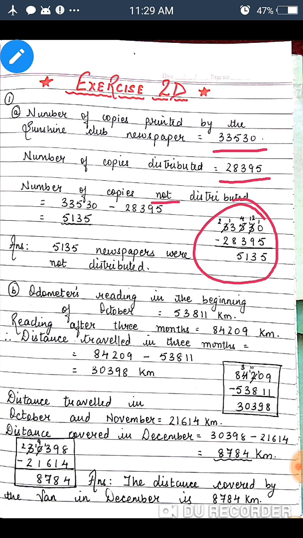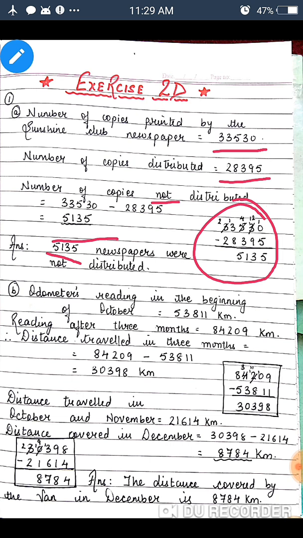After the subtraction, the answer is 5,135. So the number of newspapers which were not distributed were 5,135.